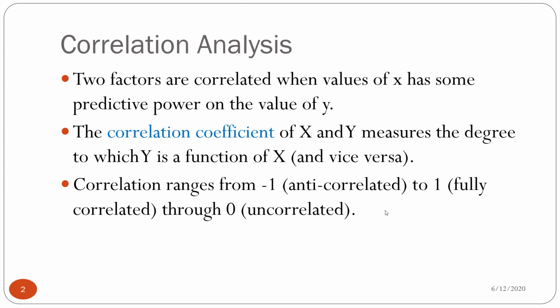Positive in the sense that it means Y is a function of X. Not exactly, but we can say that X has some predictive power for Y. Whether it's positive or negative is totally different, but still there is some correlation. If it is a high negative value, we are anti-correlated. If it is a high positive value, then that means fully correlated.